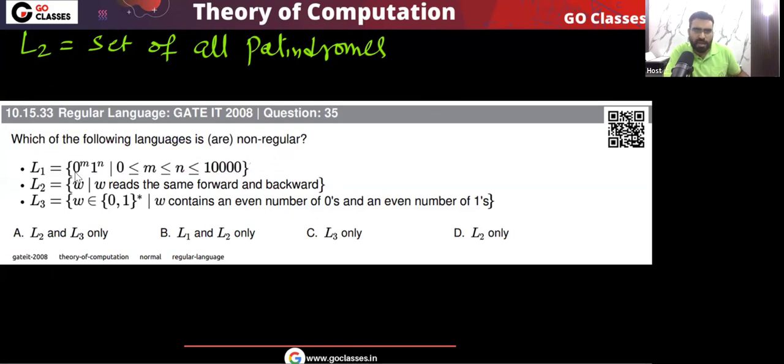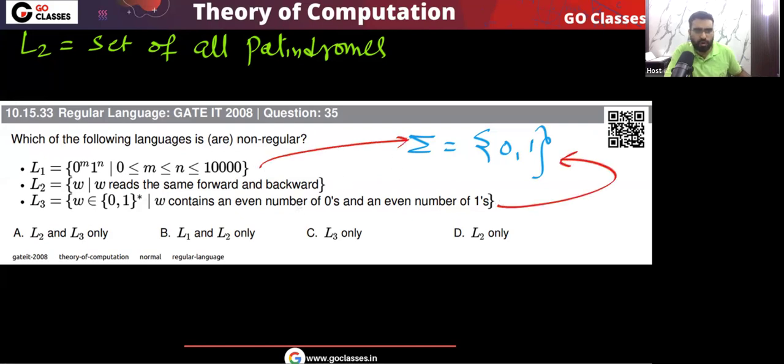Because in this question L1 is given to you, L3 is given to you, so you can assume that your alphabet is basically 0 comma 1. Yes or no? The alphabet is not given, but you can assume that this is 0 comma 1. From L1 and L3, the same you can assume for L2.